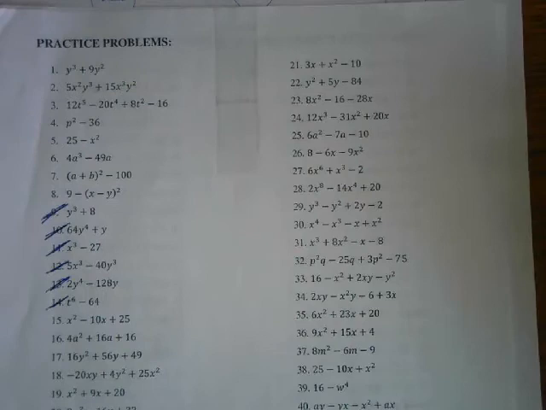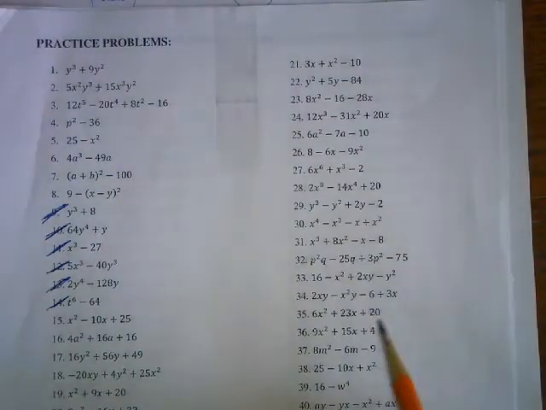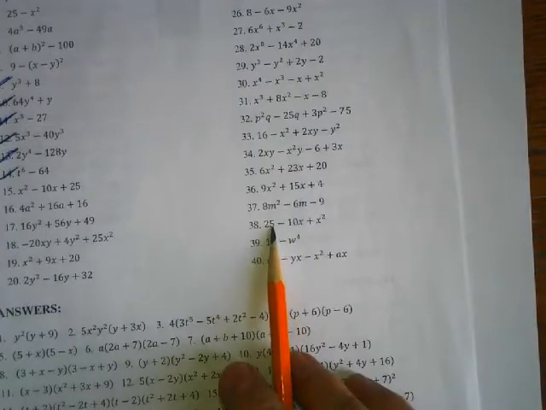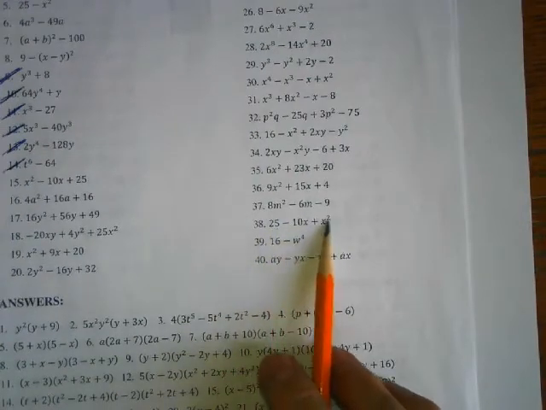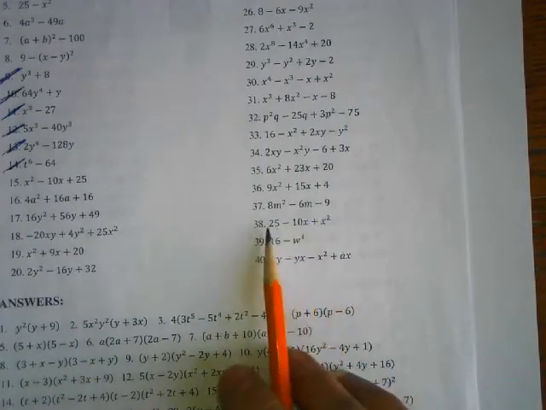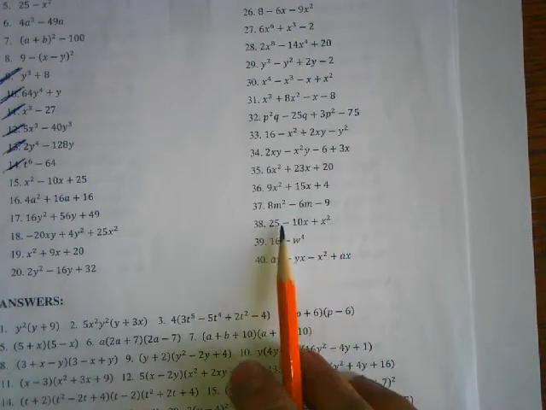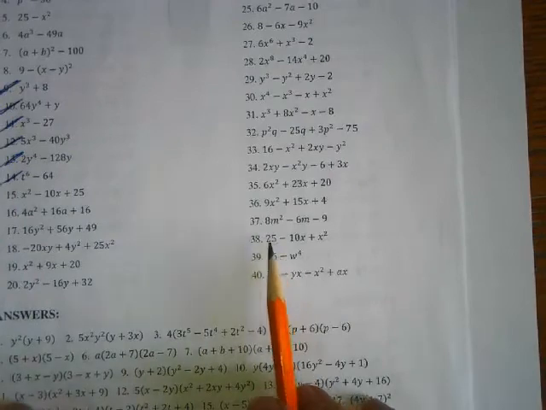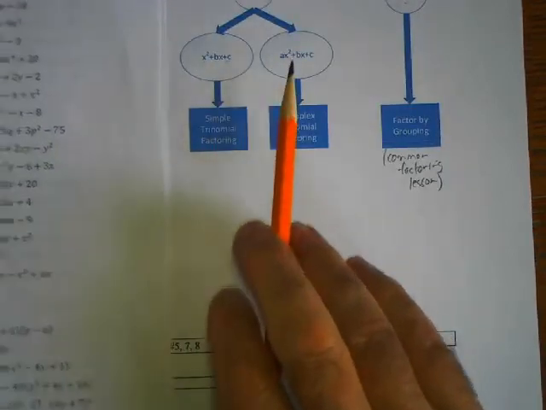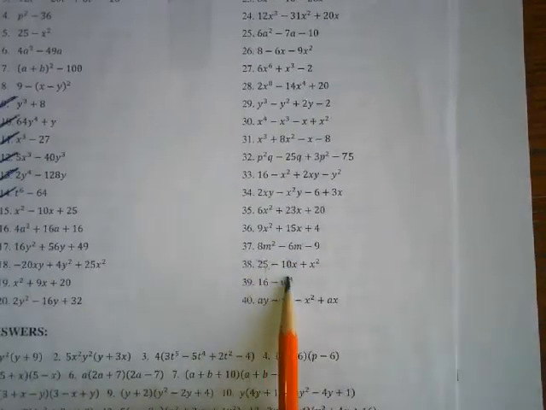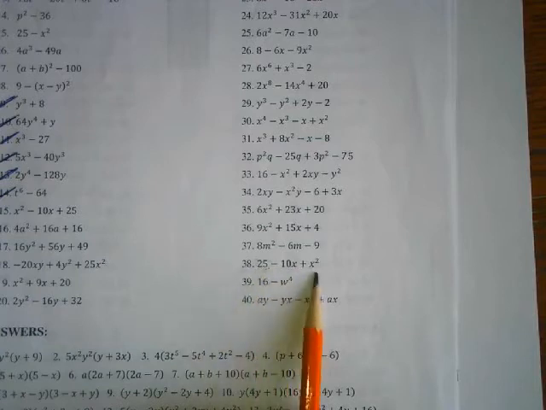Now, some of these, if I find one here, for example, this one here, you look at it, it's 3 terms. You try to common factor, there's no common factor. Does it look like one of these 2? Well, sort of, but the order's not correct.